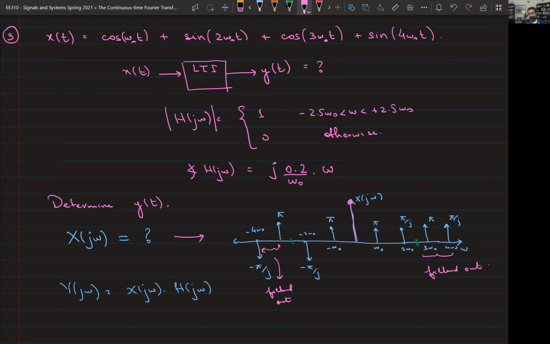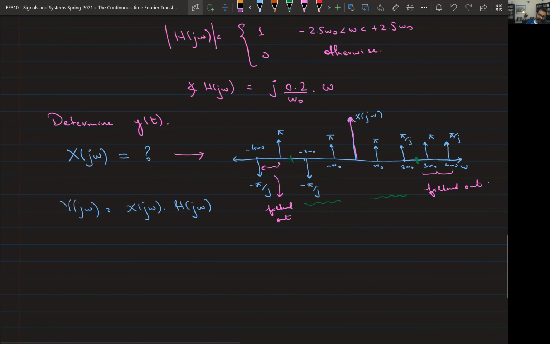Because the frequency response of the system at these frequencies is 0, right? And then all you're going to be left with are these four impulses.